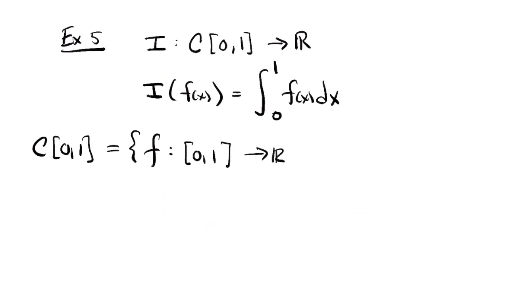Its codomain is the real numbers, and they're continuous. So continuous functions on the closed unit interval. You remember from calculus that every continuous function has a Riemann integral. That's a number. So this map's value I on a continuous function is the integral of that function from 0 to 1. All right? And why is it a linear map?